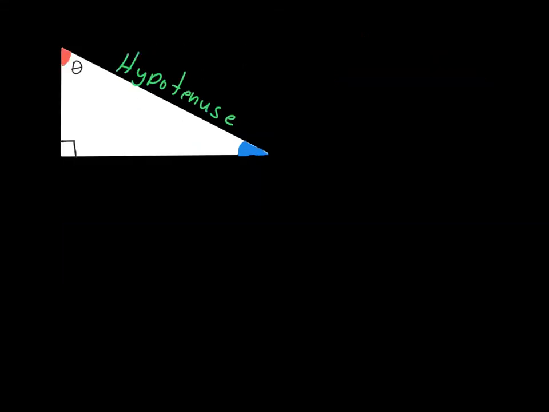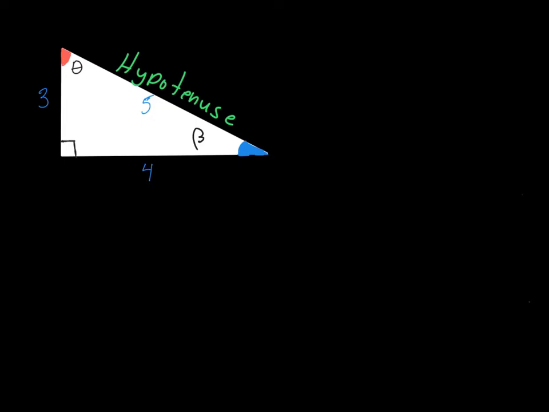Now we have the same triangle. We had that the legs were 3, 4, and the hypotenuse was equal to 5. Now, with the blue angle, we're going to go ahead and label that beta.